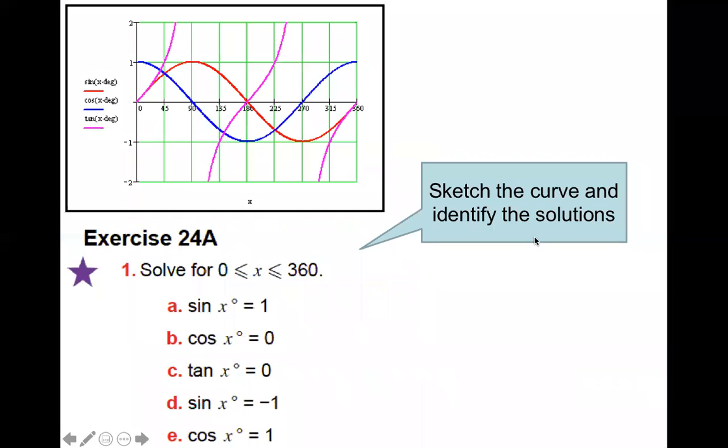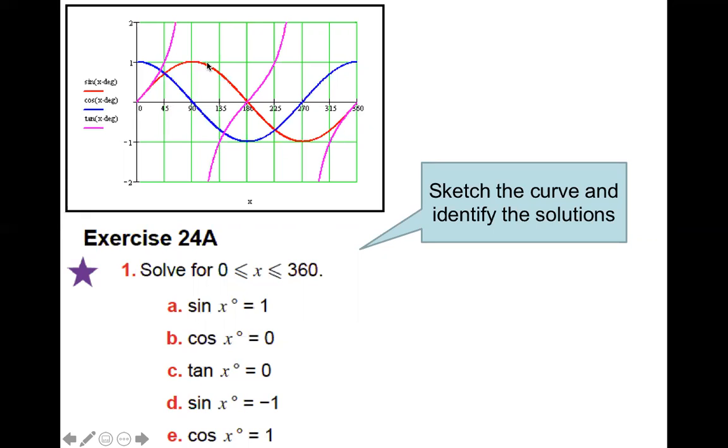So let's say I get a problem given to me where they ask me to solve for 0 to 360, sine x equal 1. So I'm looking at my graph there, 0 to 360. My sine signal goes from 0 to 1, comes back down to -1, and at 360.